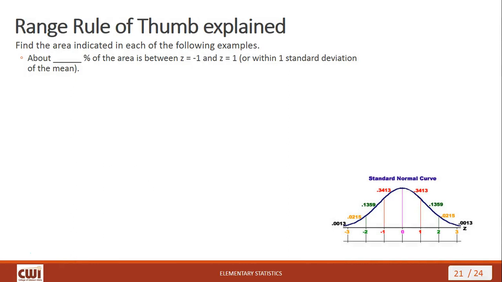Let's use what we've learned to explain where the range rule of thumb comes from. We're asked to find the area indicated in each of the following examples. About what percent of the area underneath the curve is between z equals -1 and z equals 1? In other words, what values lie within one standard deviation of the mean?